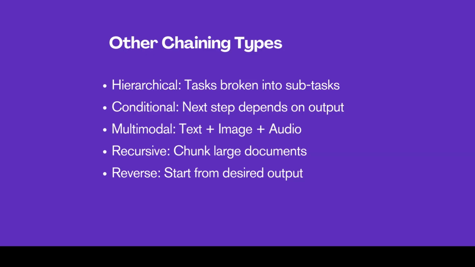Dynamic chaining. The workflow adapts in real time based on outputs or conditions. Recursive chaining. Large inputs are broken into chunks, processed individually, and combined. Reverse chaining. You start with the expected output and work backward to determine the steps. Each type is useful depending on your task complexity and requirements.